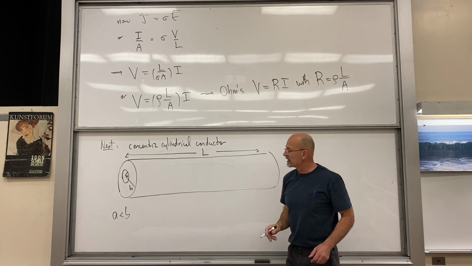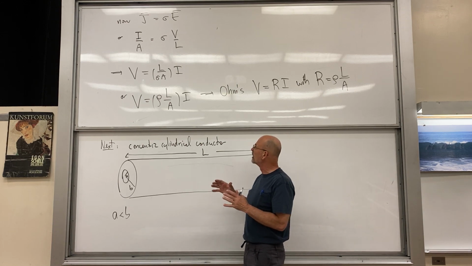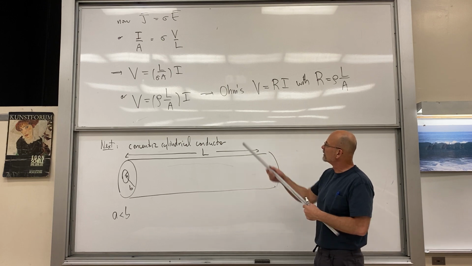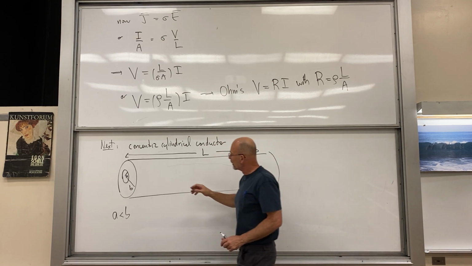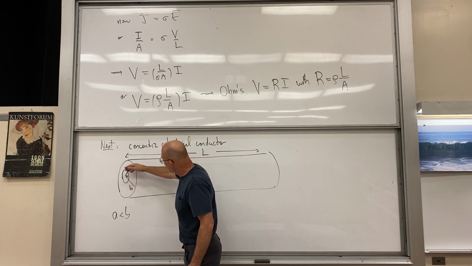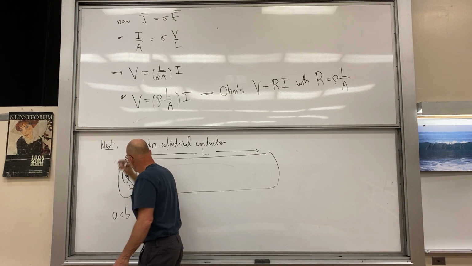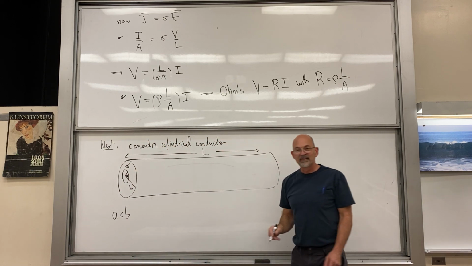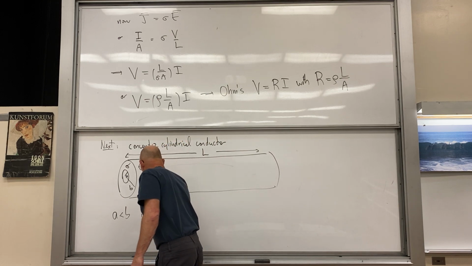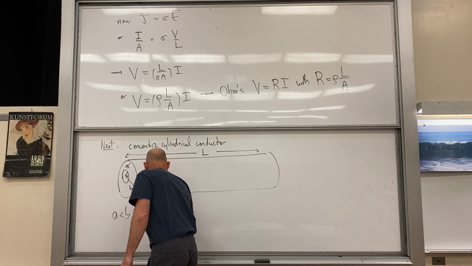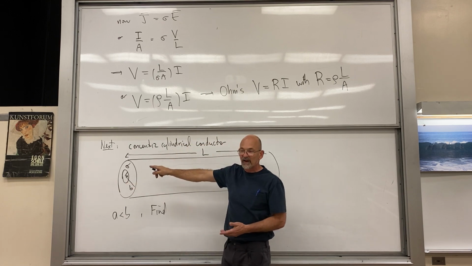And here we want to figure out what's the current flow, right? We just were able to figure out resistance and current with respect to that. We want to get the current that would flow between these two, the inner and the outer shells, so to speak, with material conductivity sigma, if we had a potential difference between the inside and the outside.